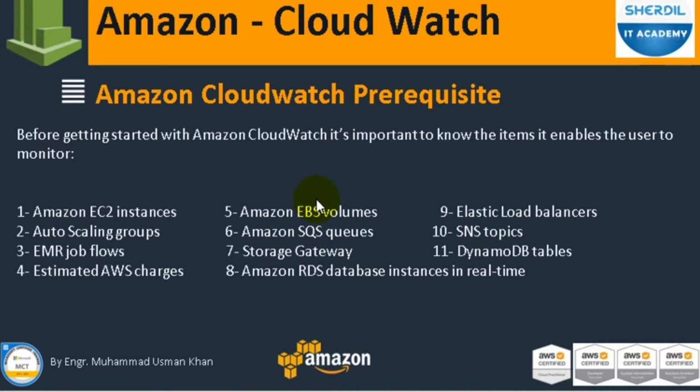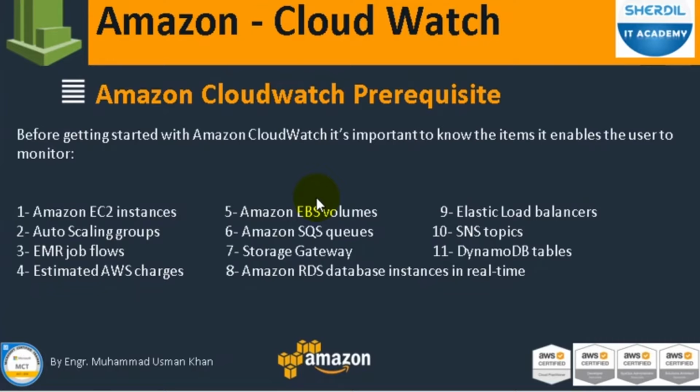So these are the services where you can use CloudWatch, and these are the built-in tools enabled. You don't need to set up anything. First is Amazon EC2 instance, auto scaling, EMR, flow logs, estimated AWS charges, like if you want to set that whenever your billing goes beyond $100, AWS will send you an SMS and an email.